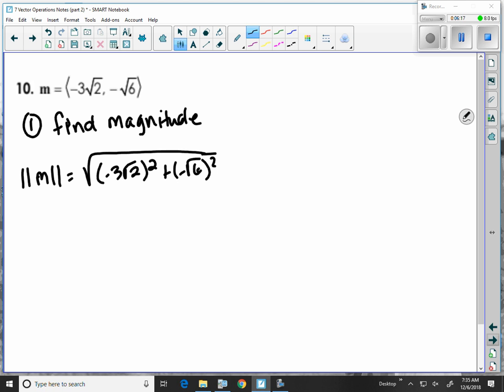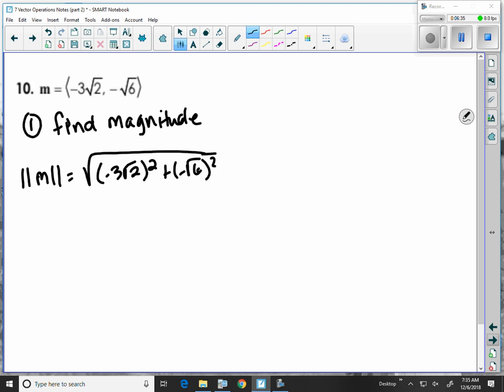Does anybody else get a decimal like 4.89? Yeah? Okay. So that means that we need to just figure out the number on the inside. Which for this one, I think, yeah, I'll do it without the square root.